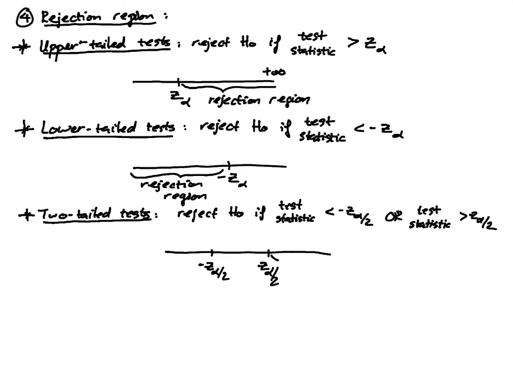The first one is the region above z sub alpha over 2, and the second rejection region is the region below negative z sub alpha over 2. I hope this makes sense.